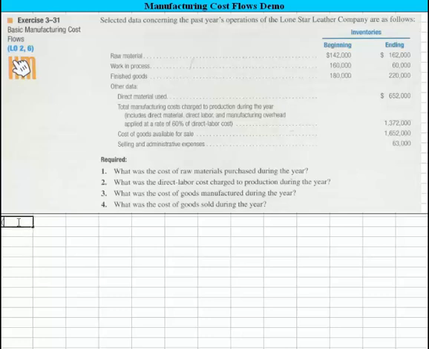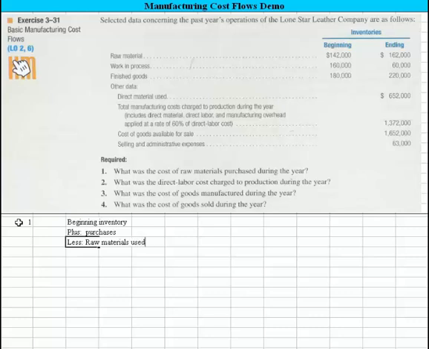Let's tackle the first one, which was what was the cost of raw materials purchased for the year. Well, how do we determine it? I like to use a very simple formula. Beginning inventory plus purchases equals goods available, but I'm going to leave that off, and then we just deduct, or less, raw materials used.